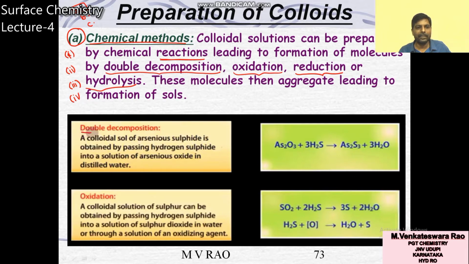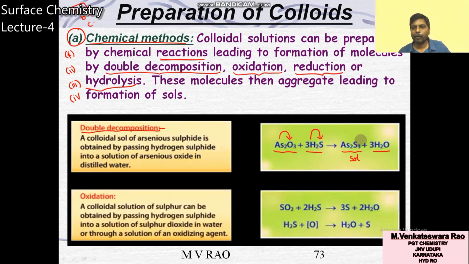Double decomposition. The chemical reaction involved is double decomposition. You can see here As2O3 is treated with H2S. It gives As2S3 sol plus H2O. Here arsenic with oxygen, hydrogen with sulfur.